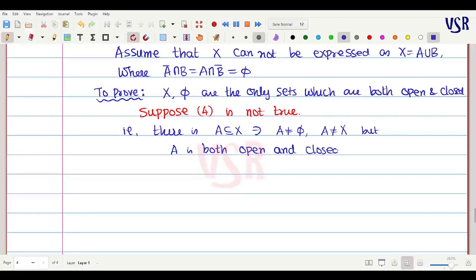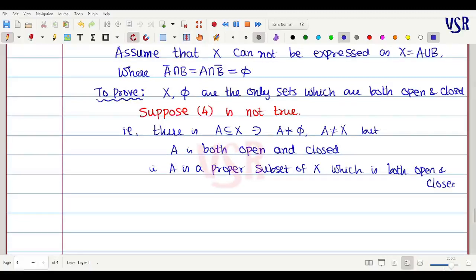That is, A is a proper subset of capital X which is both open and closed. We take such a set, then we need to give a contradiction.